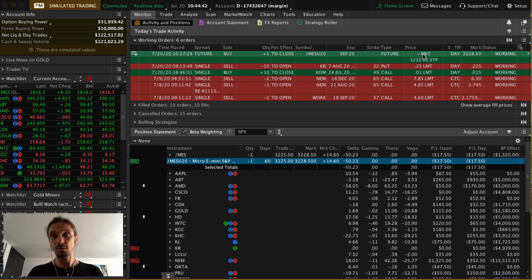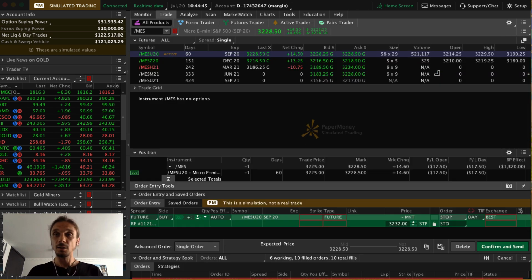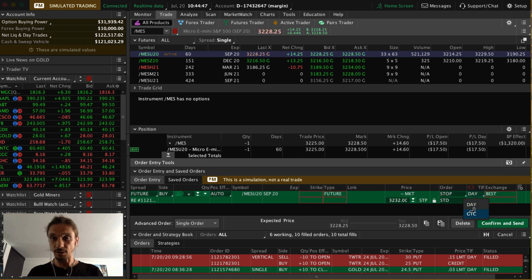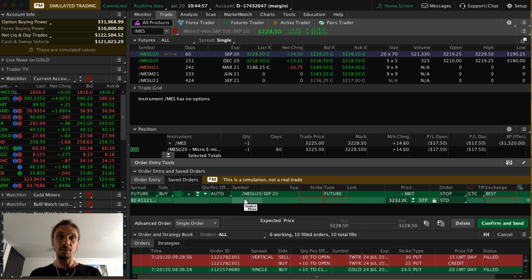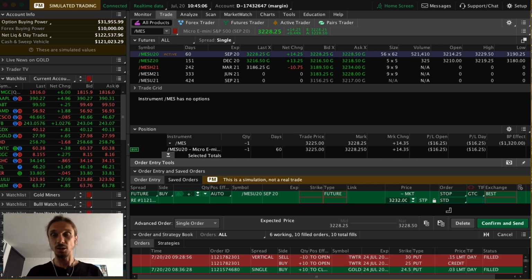I probably could change this to good till cancelled, because that's actually what I originally wanted. 323.2, not 0.5. This is on mini S&P 500 futures, so the full price is 3,228 right now. I'm referring to SPY, that's why I said 323.5.